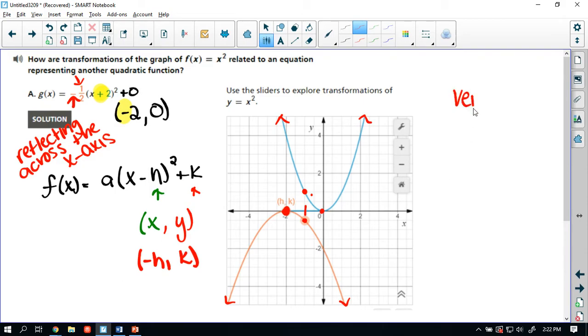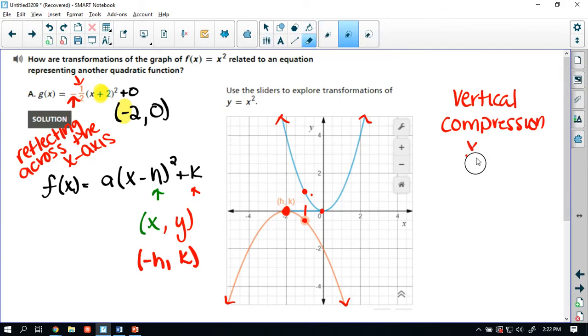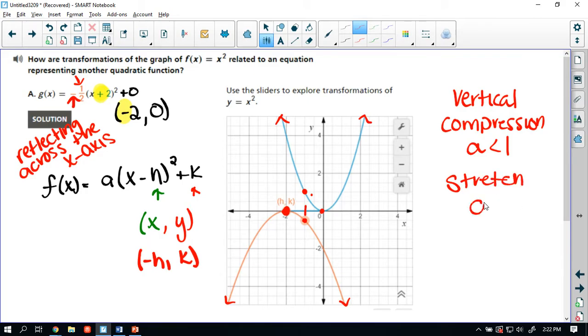So as a reminder, a vertical compression is when x, or I should say a, let's keep the same format, a is less than 1, and a stretch is when a is greater than 1. I like how I say 1 and I write 0.